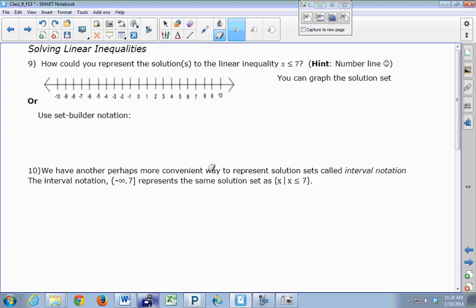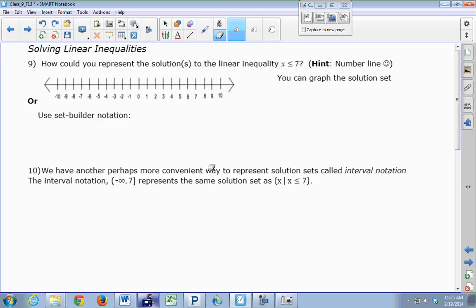X is any number less than or equal to 7. How many numbers do we have less than or equal to 7? A lot, right. So we have to have a way to represent a lot of numbers. We can't sit down and write them down because the minute we take the first, I don't even know what the first number is that's less than 7.